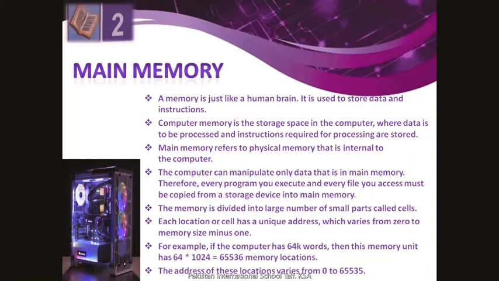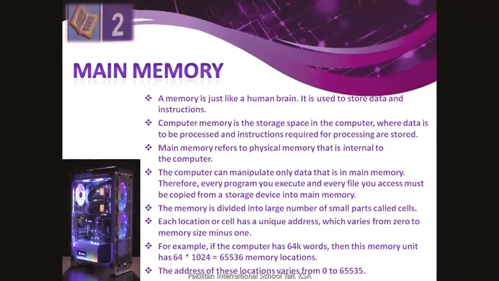First of all, your memory is divided into small cells, and each cell or location has a unique address. So whenever you want to save and retrieve data, the CPU uses the memory address to retrieve your data and to save your data on the main memory.